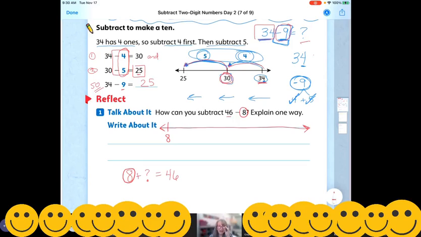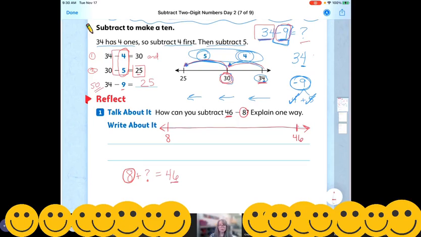Start with that lower number in our equation, which is 8. The question mark is what's going to be in between. The question mark is going to be, what are we adding in between to get to our final answer? And in this equation, our final answer will be 46. So at the end is where we're going to write the 46.